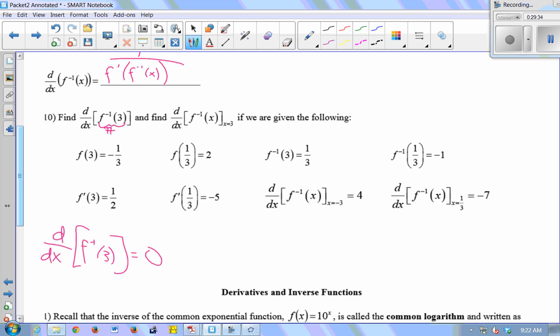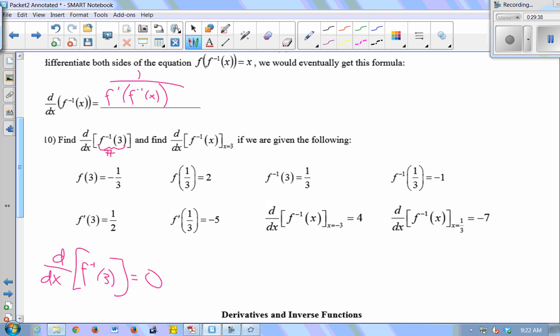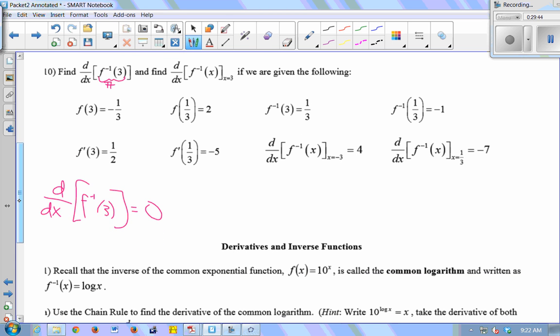All right, so the derivative of f inverse, we have a little formula for it up here. Write it down here: d dx of f inverse of x is 1 over f prime evaluated at f inverse of x.